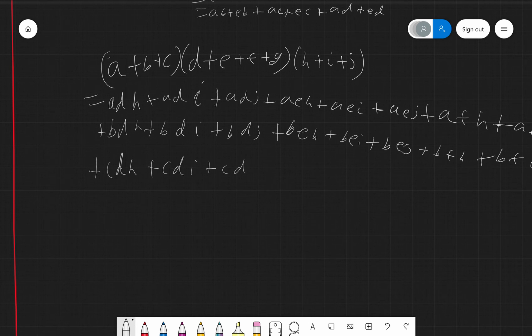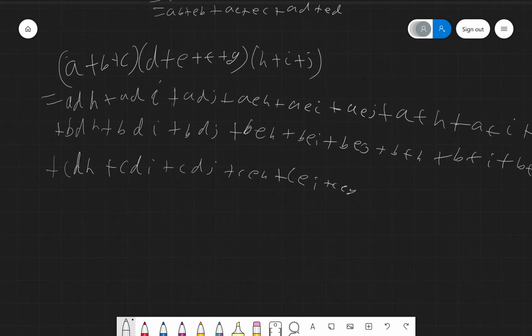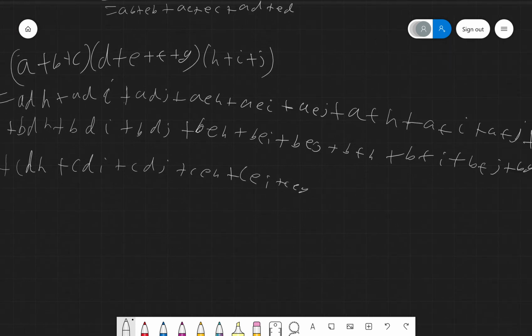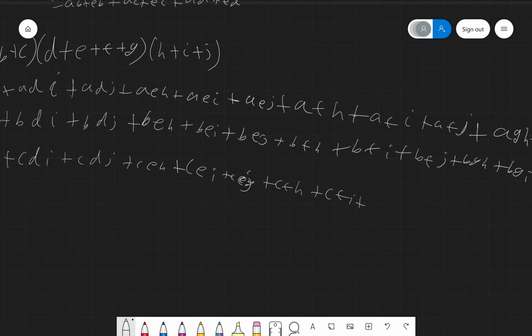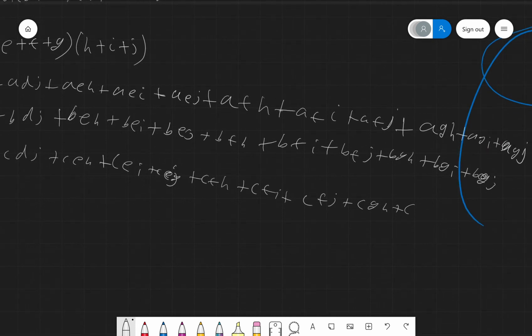CDH, CDI, CDJ, CEH, CEI, CEJ, CFH, CFI, CFJ, CGH, CGI, CGJ.